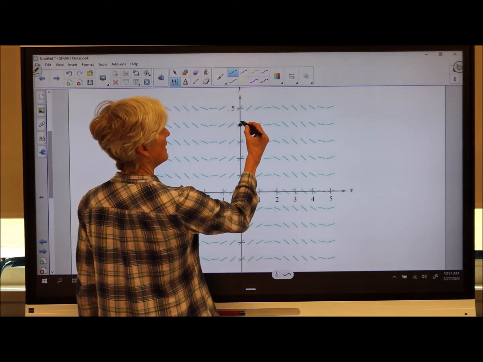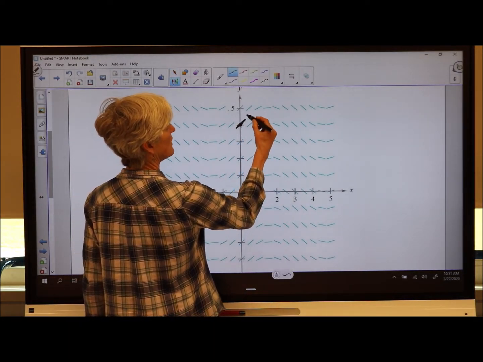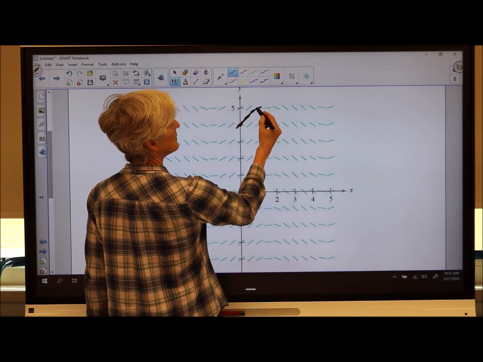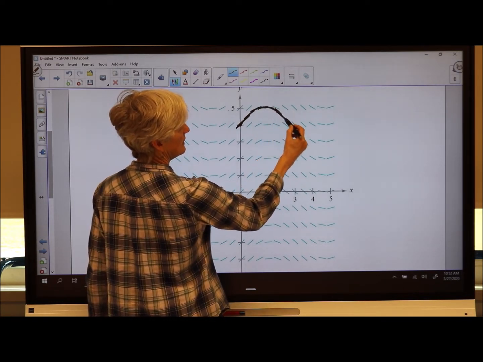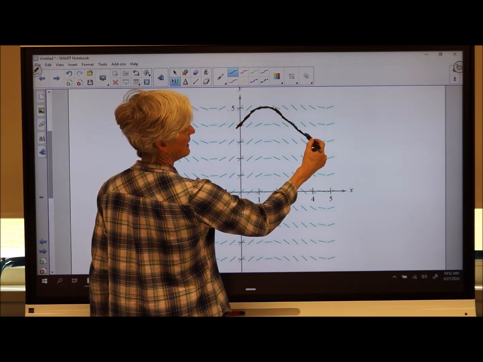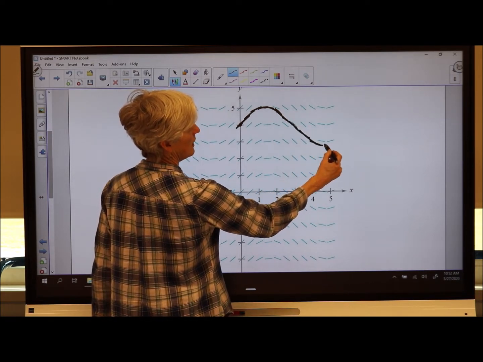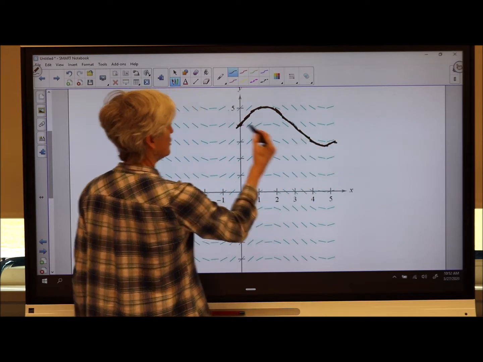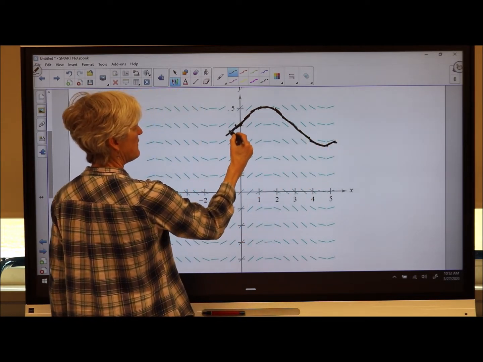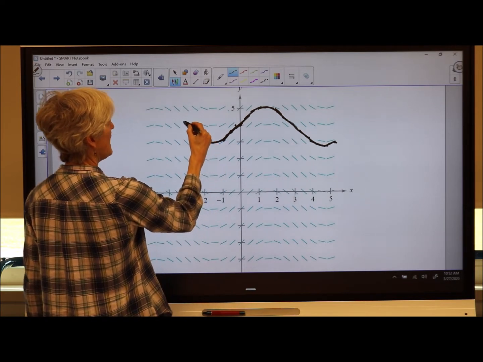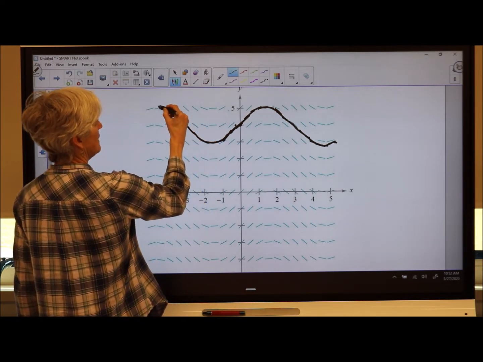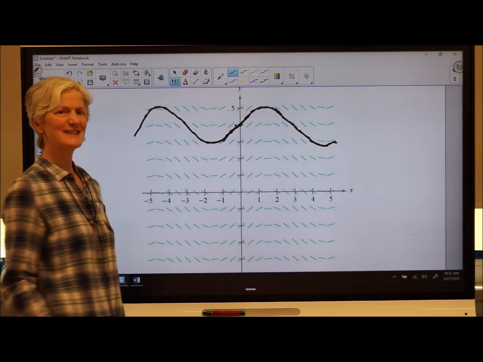Let me try. My slope looks good there. It looks like my slope is 0. Now my slope is negative, negative, negative, negative, negative. If I'm following these little slopes, just kind of loosely following them, what does that look like to you?